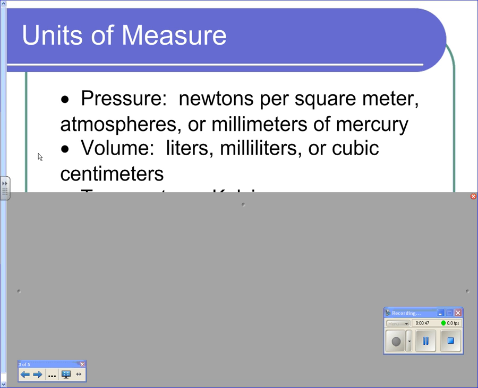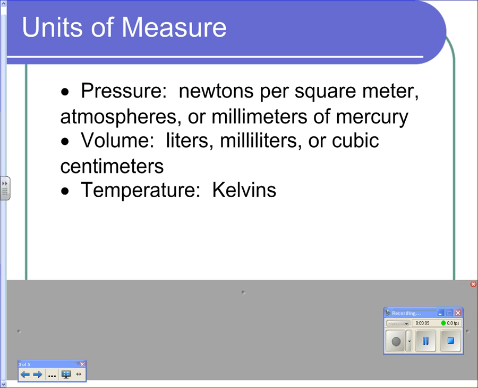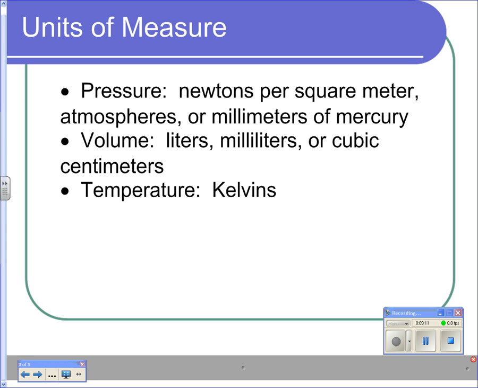Volume is liters or milliliters or cubic centimeters. And the temperature is always in kelvins. Always, always, always should be in kelvins.